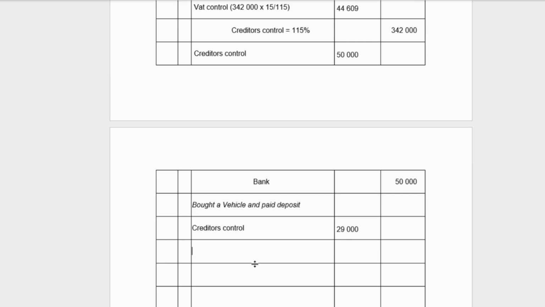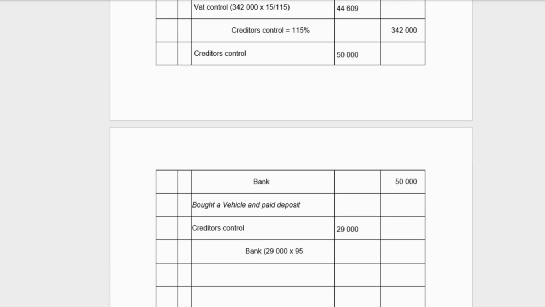Okay? And then we paid, but how much did we pay? We paid an amount less than 5% because we are granted a discount of 5%, right? So when we record on the bank, because we are paying, our bank is definitely going to decrease, but with an amount less the 5%. So we're going to say bank, and then open brackets, we do calculations to minus the 5%. So it's going to be 29,000 multiplied by 95, because we are no longer going to pay 100% of the amount we are owing.